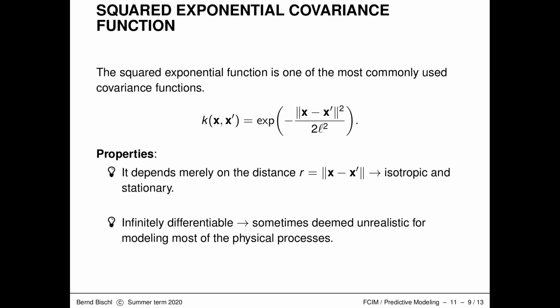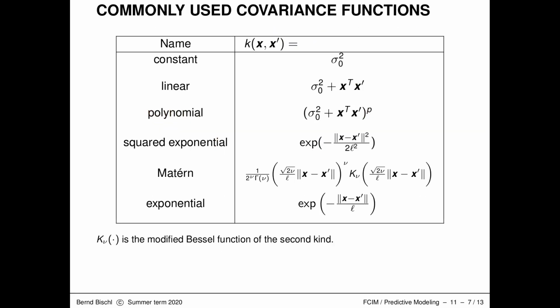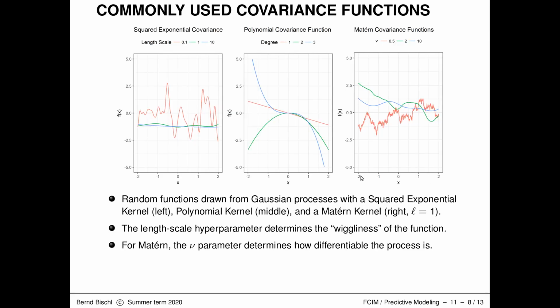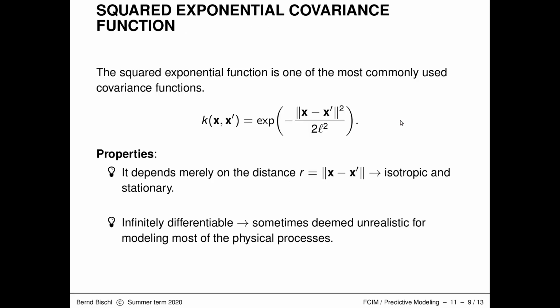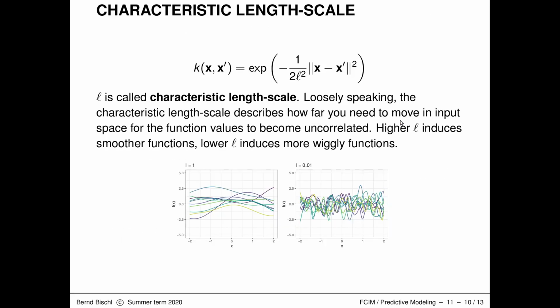If your scenario falls under such a category, maybe rather move over to such a Matérn covariance function that I've visualized here. I think we have seen before how this characteristic length scale affects the shape of functions. Loosely speaking, the characteristic length scale describes how far we need to move in input space, so how large we have to make an interval between measurement points, so that function values become nearly uncorrelated.